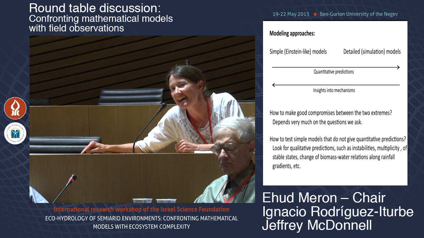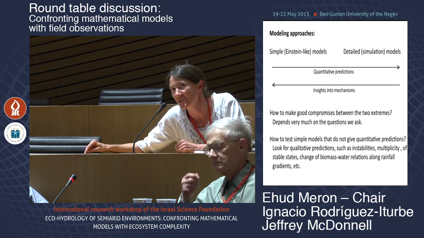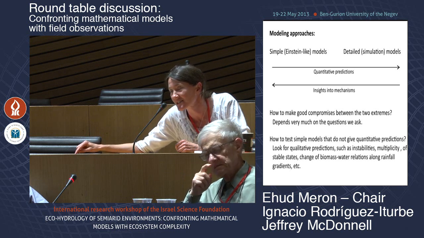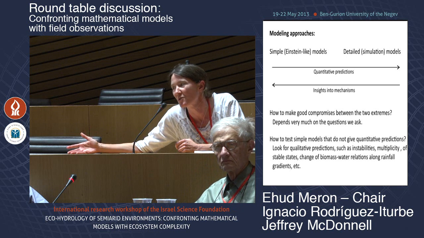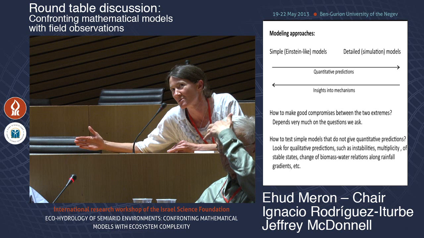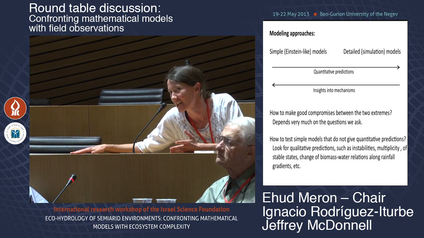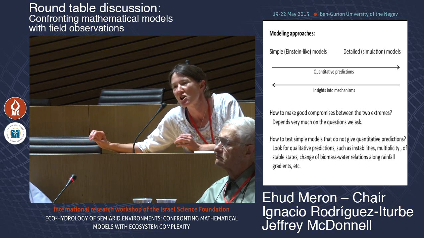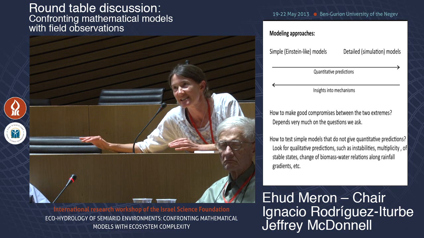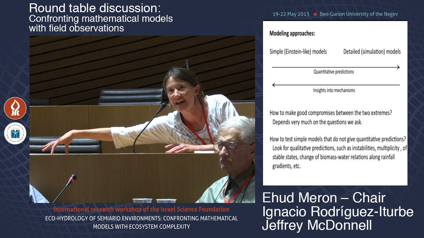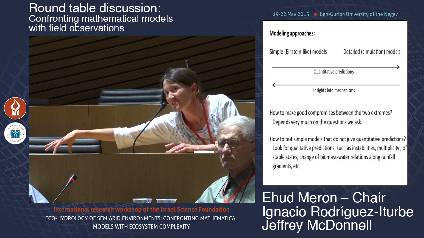Because he had detailed data to evaluate his stream temperature model under a variety of conditions, the model was actually quite useful for making predictions and helping us understand what are going to be big changes and what are going to be little changes. So I think there's a role for these types of models, but it partly speaks to having better detailed data sets like this, longitudinal stream temperature data, and linking those with those models.